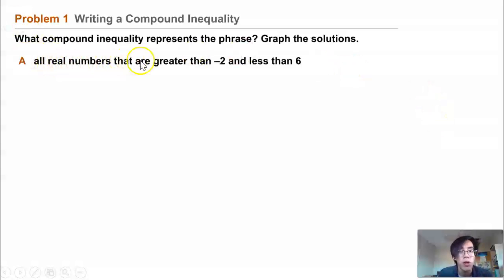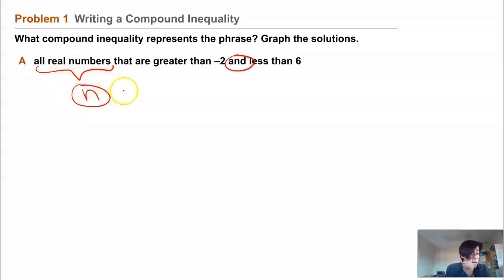All real numbers that are greater than -2 and less than 6. So this is an and statement. When I write this, all real numbers is going to be my variable, that's what it's standing for. All real numbers is any number, which will be a variable n, that is greater than -2 and less than 6.